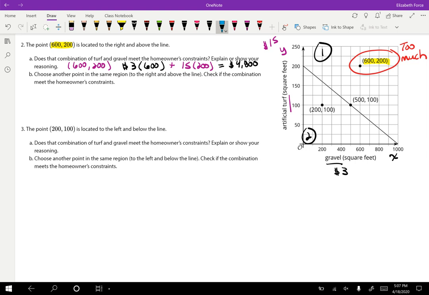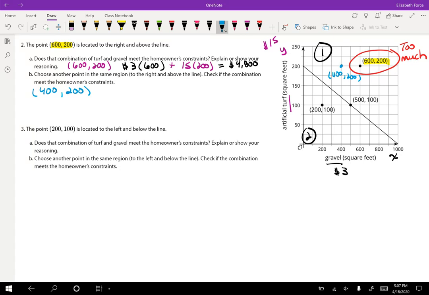So any point in this top region, number one. Let's do 400 comma 200. You're probably thinking, if 600 comma 200 didn't work, the chances of another point in that region working are probably not possible, but let's prove it with math.